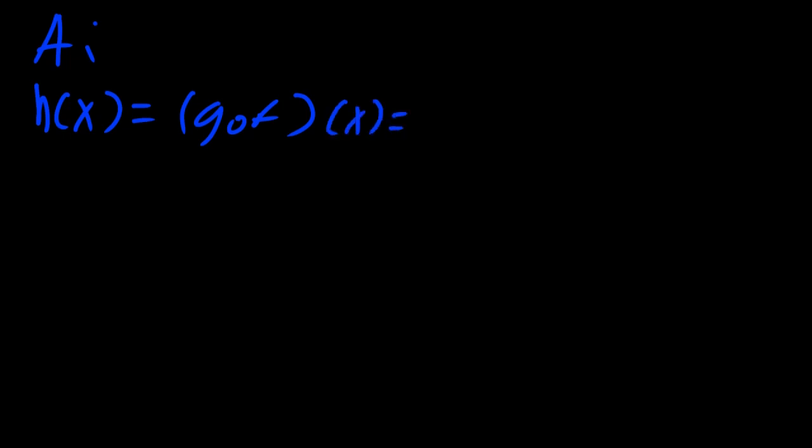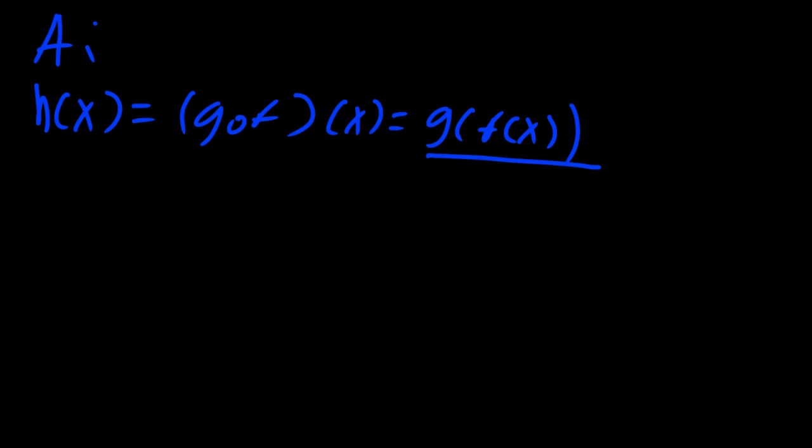The first thing we're going to do is write down h of x. So h of x is a composition of function g and function f, and this is another way to write it. I'm going to be using this equation because I honestly think that's just simpler to use in this scenario.